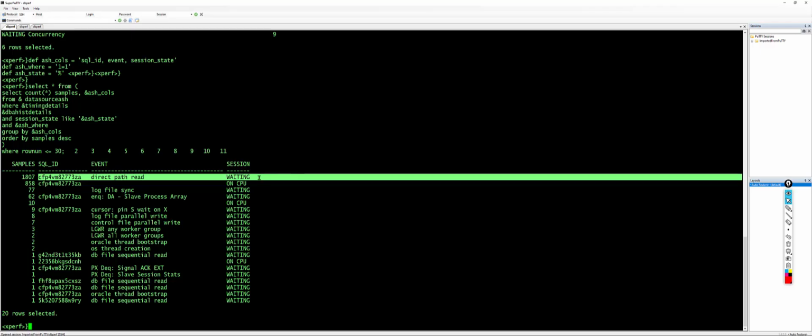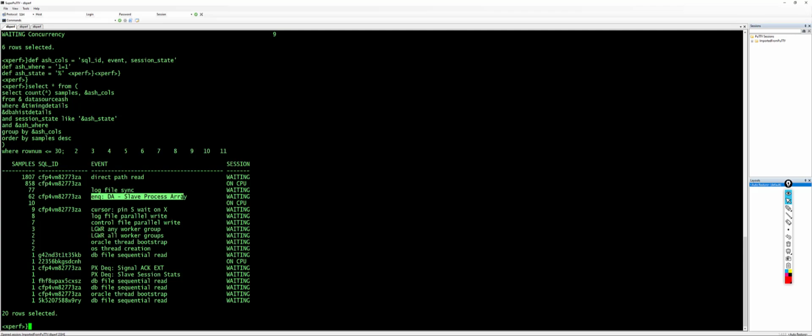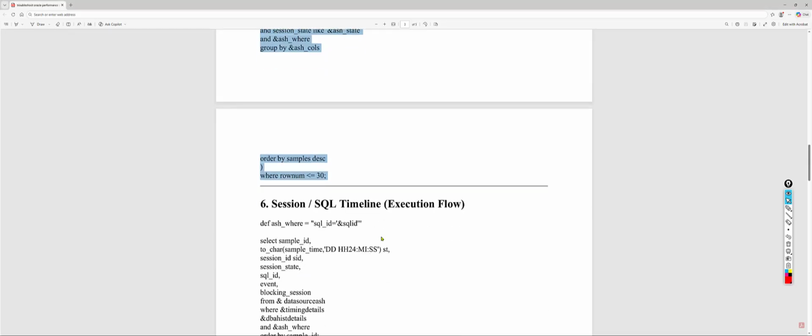The majority of the samples are direct path read, and you can also see NQ on log file sync. Enqueue is kind of an internal enqueue event. Next, let us substitute the SQL ID and see the timeline.